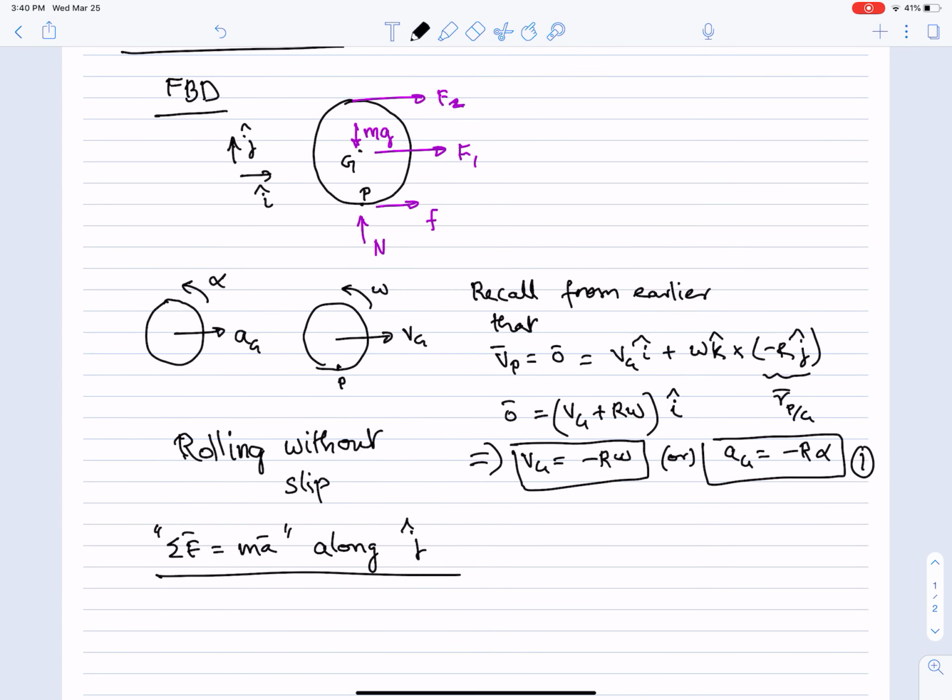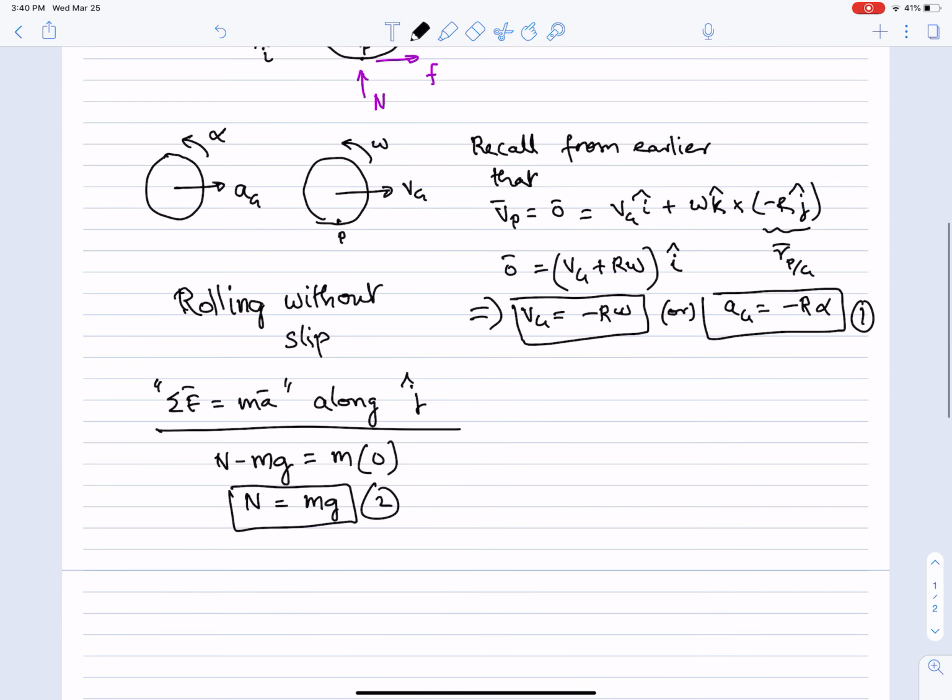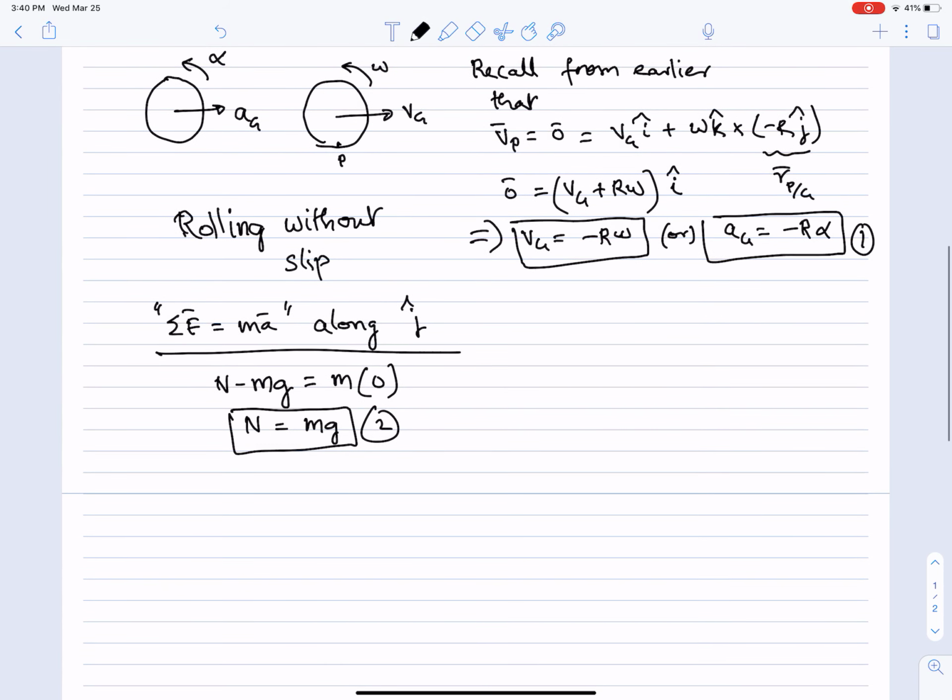In the J direction, we have N minus mg equals, well, what is the acceleration in the J direction? It's actually equal to 0 because the disk is not moving up or down. So really we have N equals mg. Okay, that's actually not very useful for this problem, but we have it.